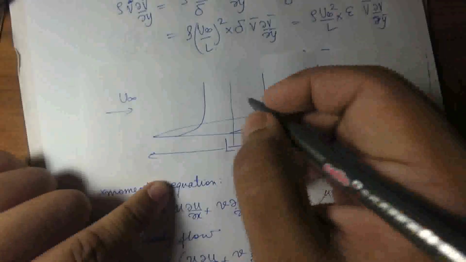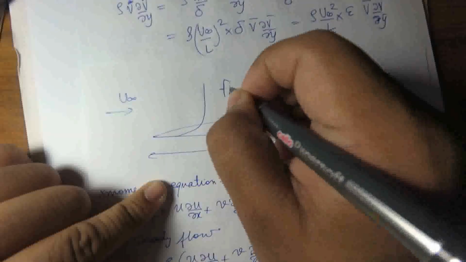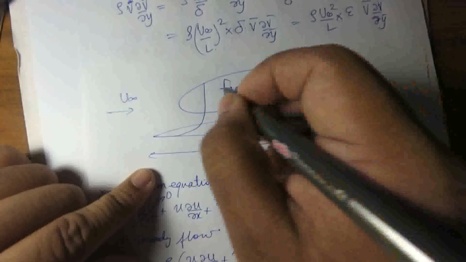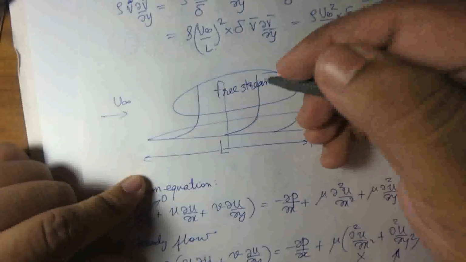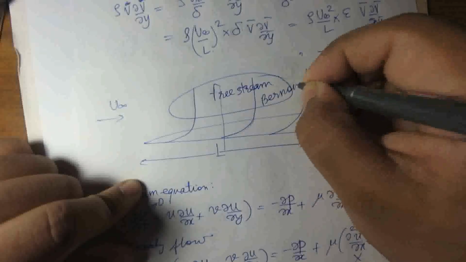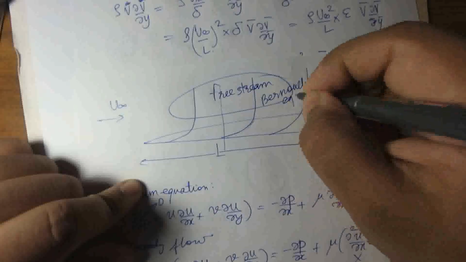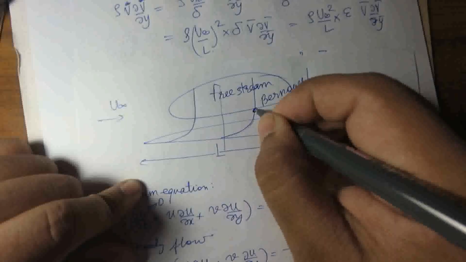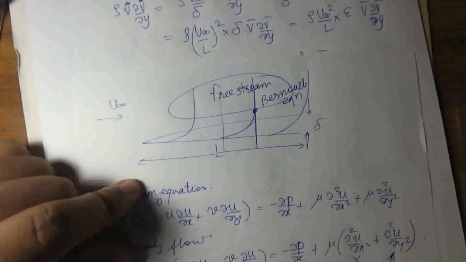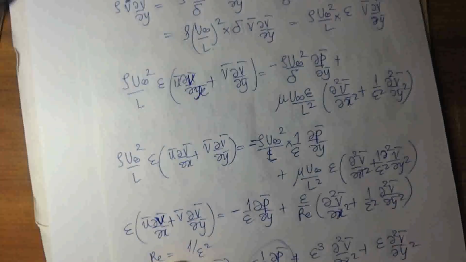So whatever is the pressure in the free stream, so this region is called the free stream, because you can find out that pressure using the Bernoulli equation, that pressure at this point will be the same everywhere. The pressure is not varying in the y direction.